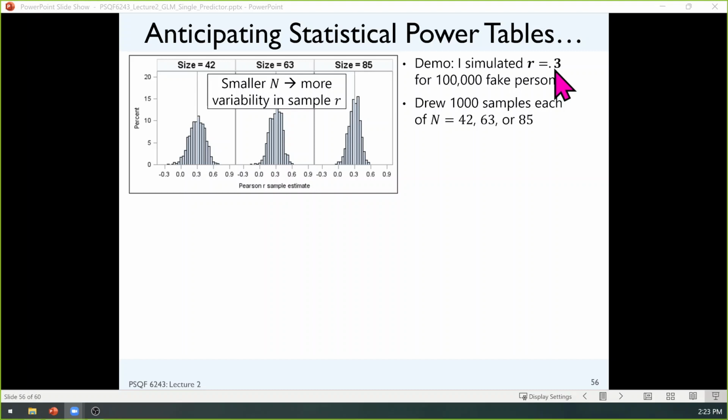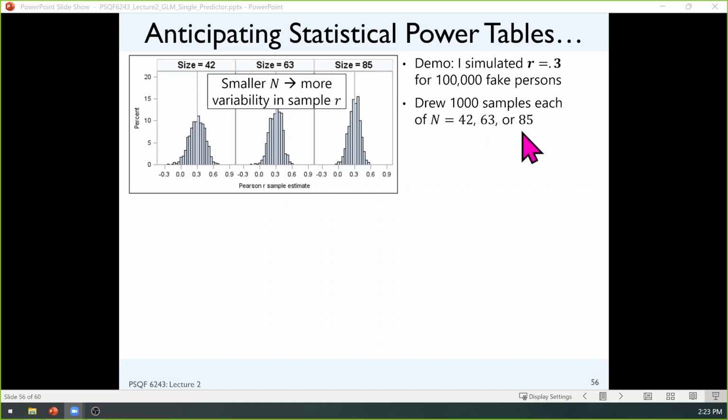So we're looking at type 2 error, because this is a situation in which in reality there is a relationship between two variables to be found, and that relationship is 0.3. So I drew 1,000 samples each of sample size 42, 63, or 85 people.